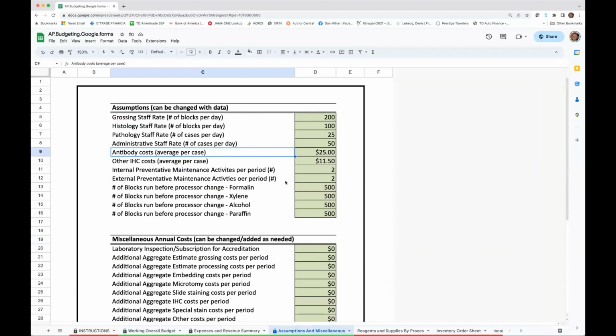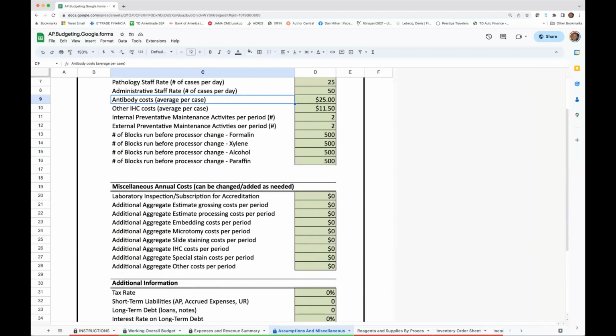All right, let's go back over here. There's a couple of other assumptions here about number of blocks. So you have a processor in your laboratory, and you put formalin in it. How often do you change that formalin, right? Well, the standard of practice is every 500 blocks. So when you run 500 blocks through that processor, you take all the formalin out and you put in fresh formalin.